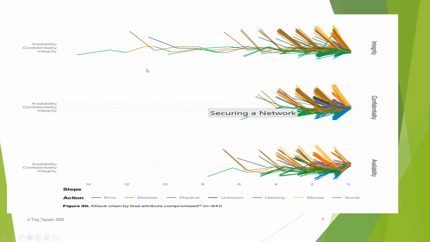All right. Now it's interesting. This one's a little bit easier to read. So if you look at this, okay, so right here, we see this line, this orange line, that's malware. So this is where malware actually got placed into a system, and then it turns green, like you see here, because of hacking.